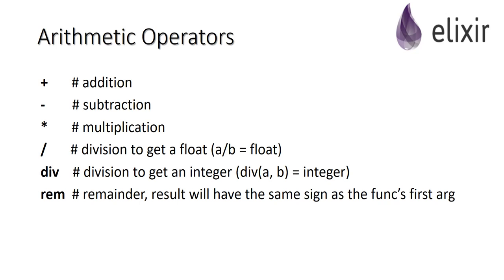That function takes two arguments, div a and b, and you would get an integer. Same thing with remainder, or rem. Something to look at is that the result will have the same sign as the function's first argument. So let's take a look at that.